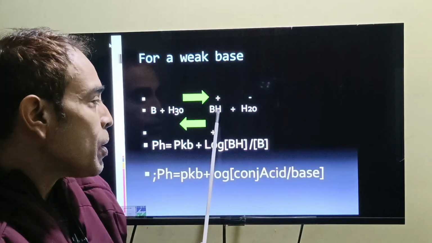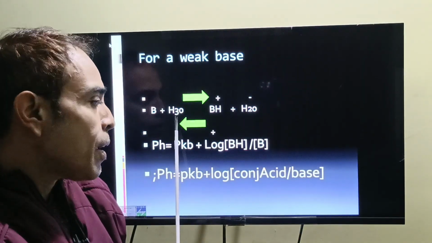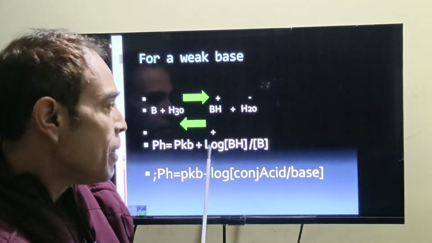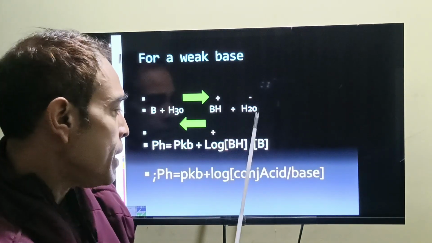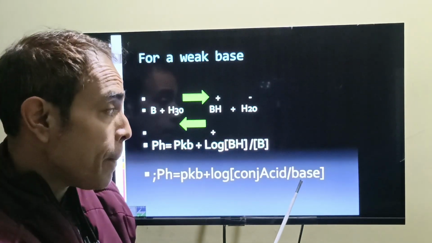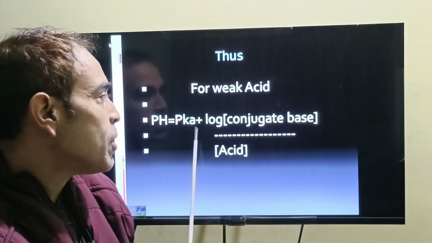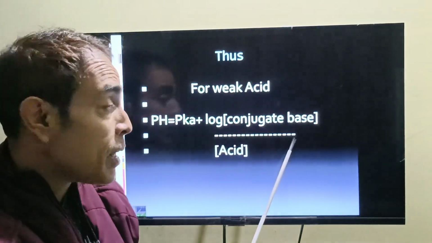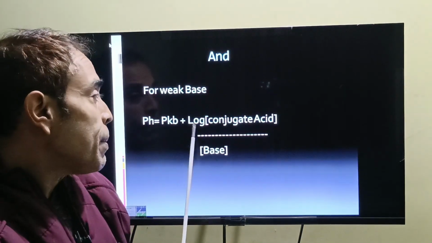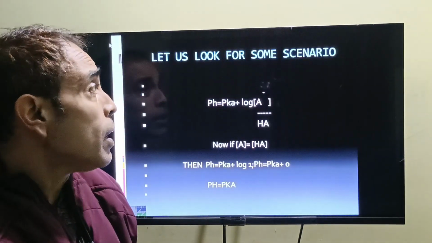In the backward reaction, BH plus loses its hydrogen ion and becomes hydrogen ion and base. So pH equals pKb plus log of BH plus by B, that is, pKb plus log of conjugate acid by base. Thus for a weak acid, pH equals pK plus log of conjugate base by acid, and for a weak base, pKb plus log of conjugate acid by base.